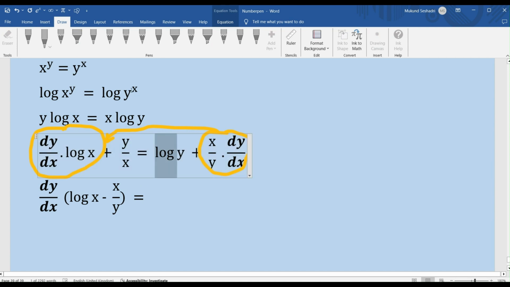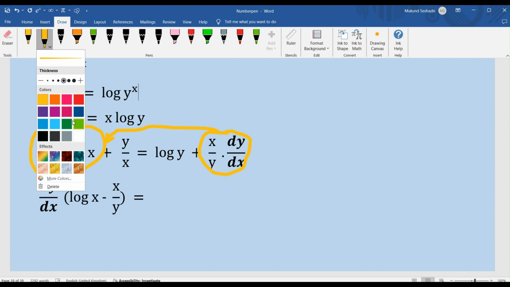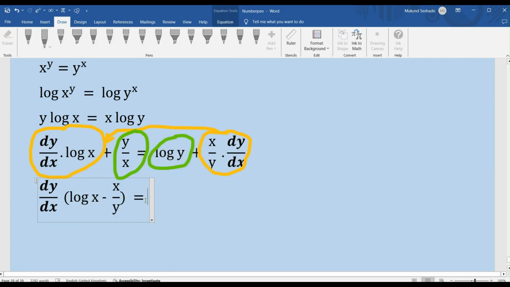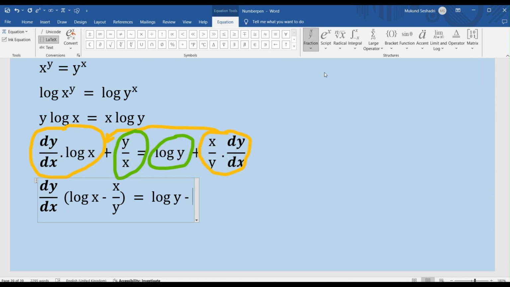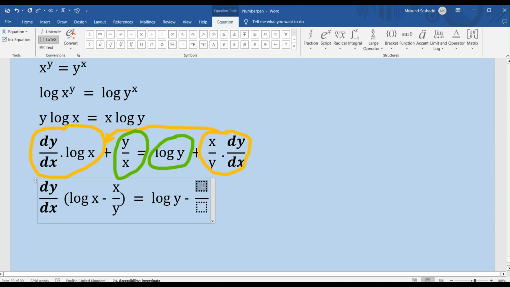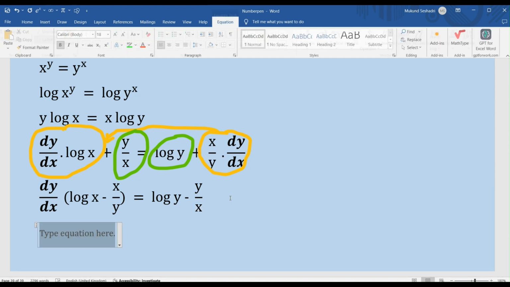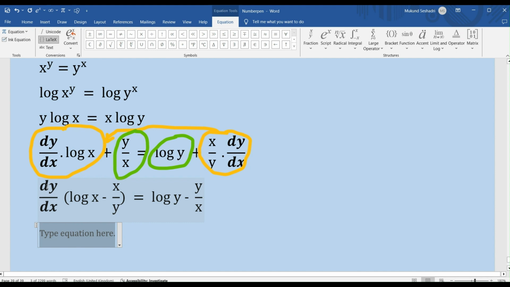combine these two terms. Let me again highlight it probably with a different color this time. Let me use a green. I combine my log y with my y by x, because that's independent of my dy by dx. My log y minus y by x. So now I have an answer for dy by dx. And what is that?